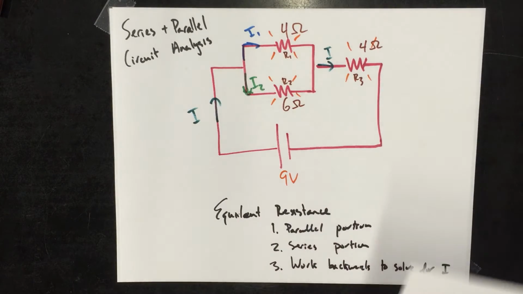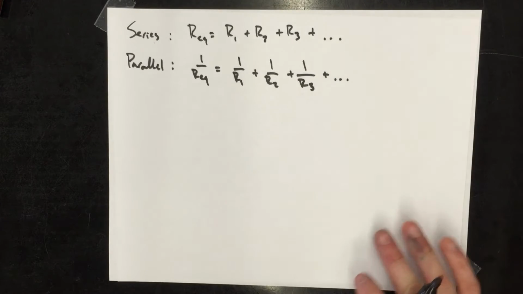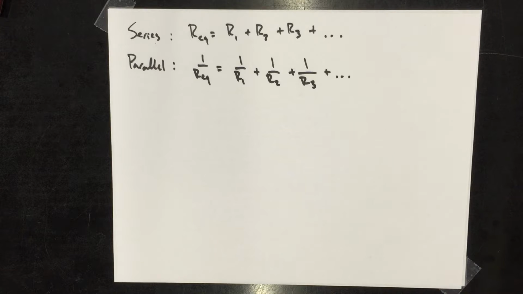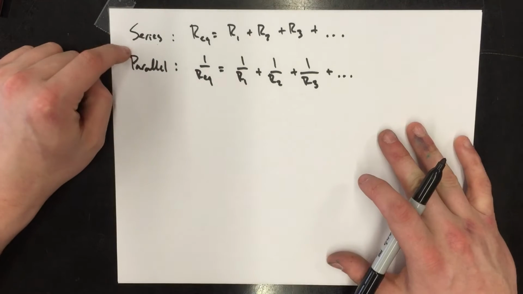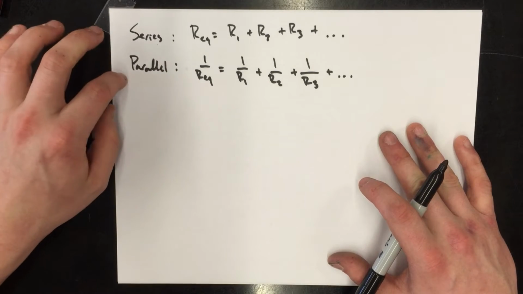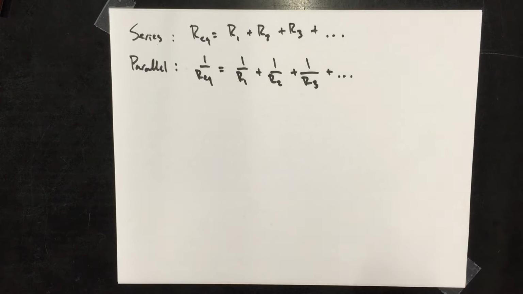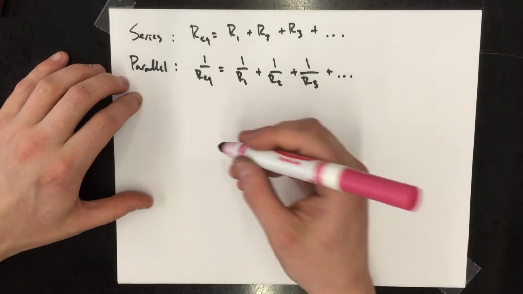Let's think about how this works. First, I want to remind you guys of our equations to find equivalent resistance with a series and with a parallel circuit. So the first portion, let's look at the parallel portion and reduce that to an equivalent resistor.